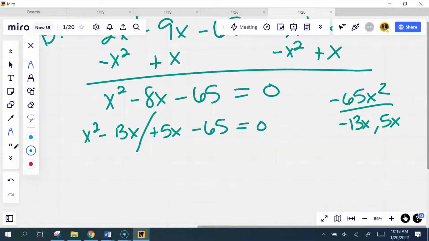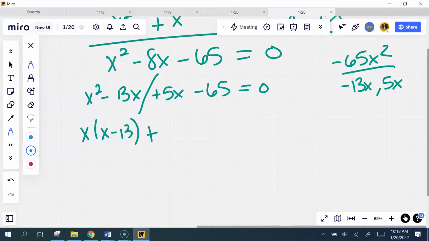What can I take out of the first two? X, what's left? That's right. Middle sign stays. What can I take out of the second two? 5. And what's left? I hope it's 13 since this one's x minus 13.